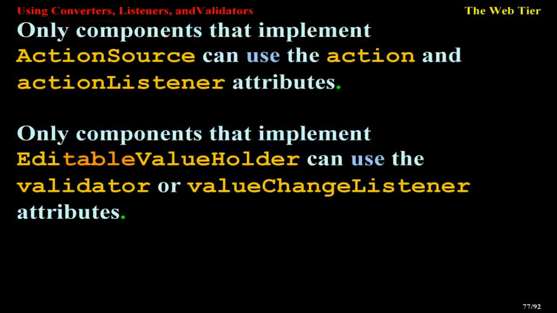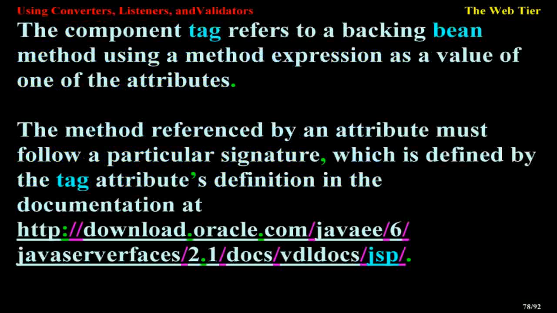Only components that implement ActionSource can use the action and actionListener attributes. Only components that implement EditableValueHolder can use the validator or valueChangeListener attributes. The component tag refers to a backing bean method using a method expression as the value of one of the attributes.